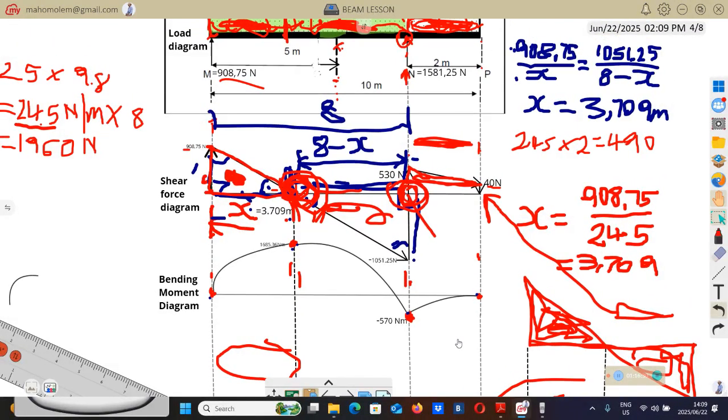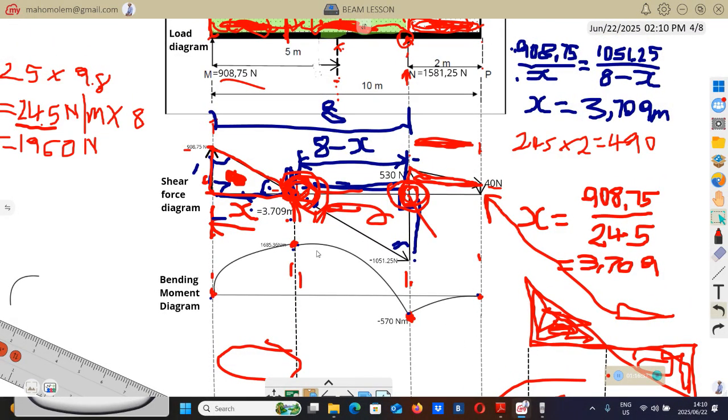Make sure that you label it or you indicate the values as I've indicated on the bending moment diagram and the shear force diagram.